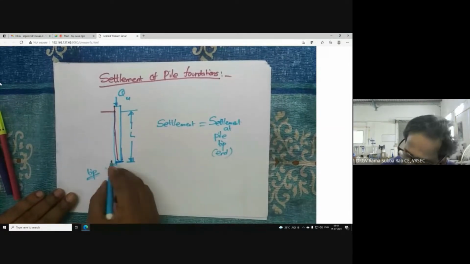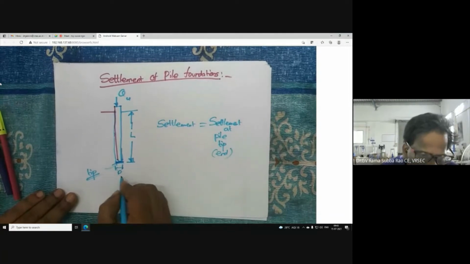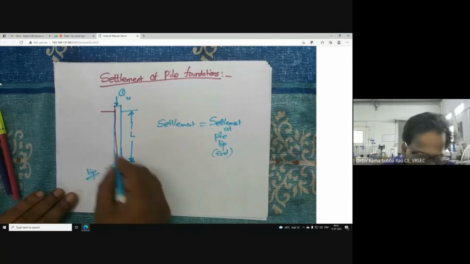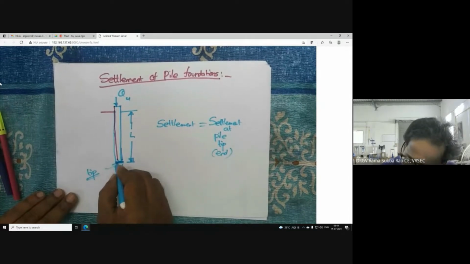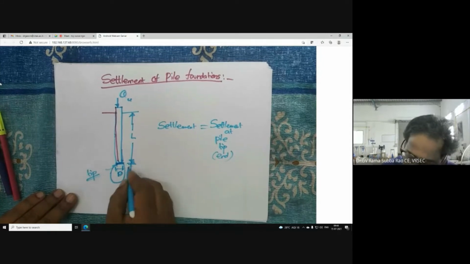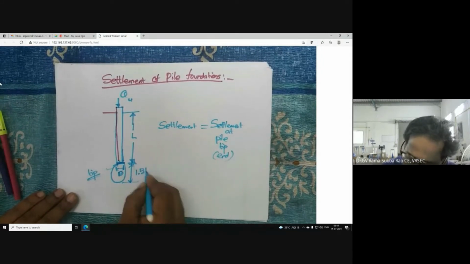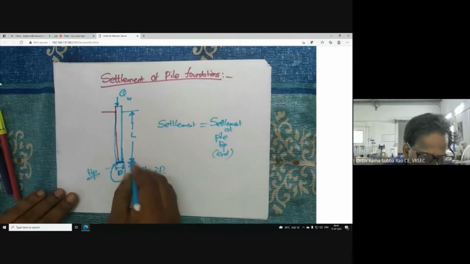It has its own diameter or width, whether it is a square pile or a circular pile, so it has its own influence. Many times we know the influence is 1.5 to 2 times D. So this is the influence of the pressure bulb.